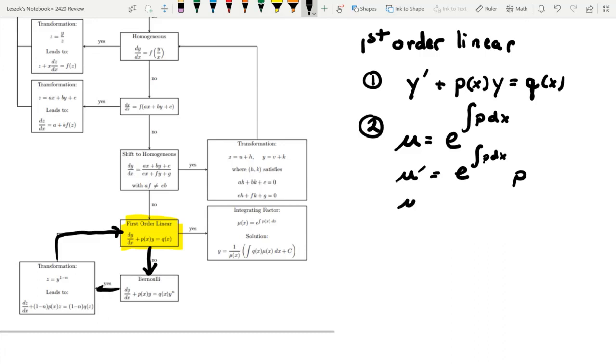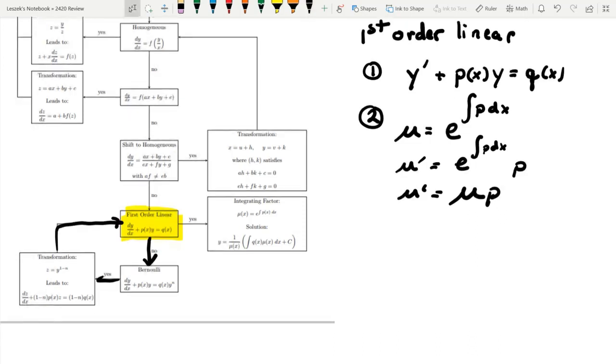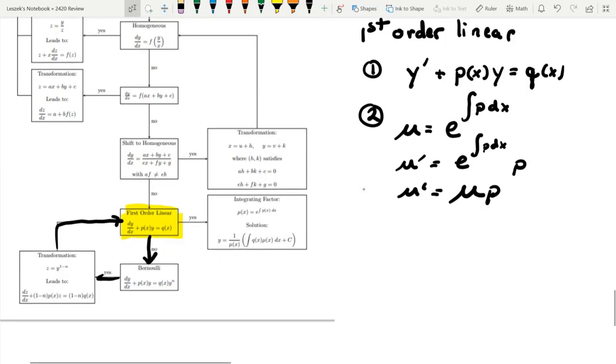But that's not as important, except for theory. So then next you would multiply both sides of the original differential equation by the integrating factor.